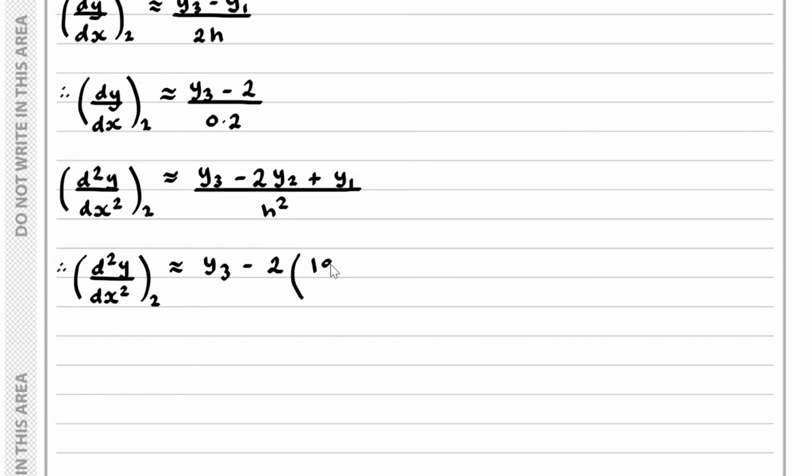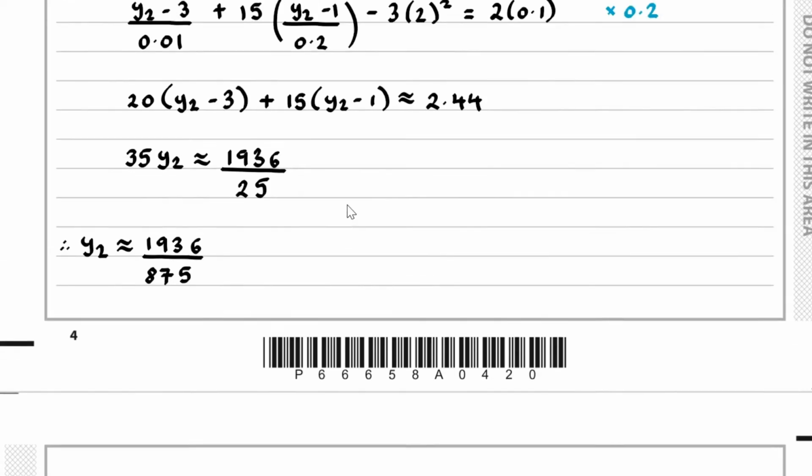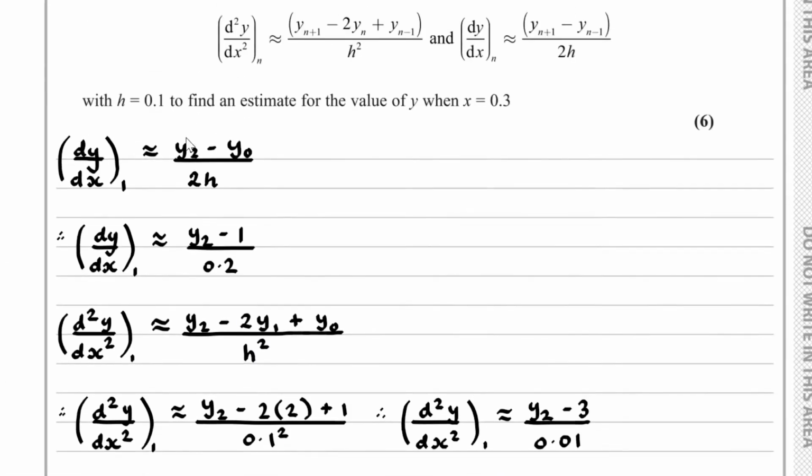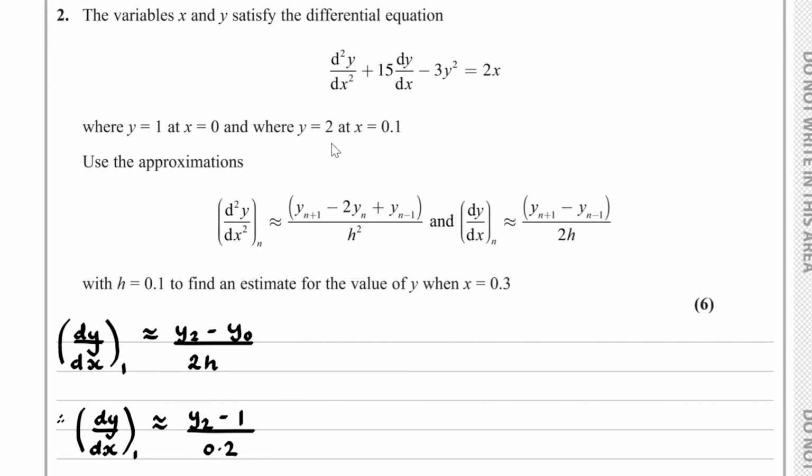That's 1936 divided by 875, and then we add on y1, and y1 is, going back to the question, 2.